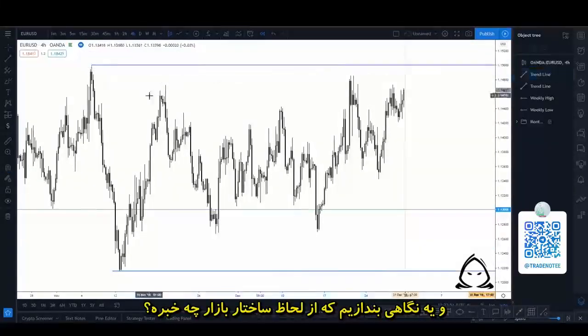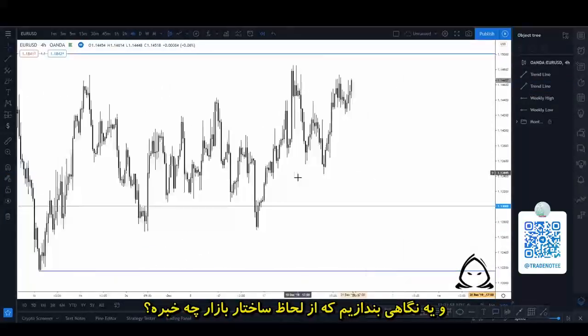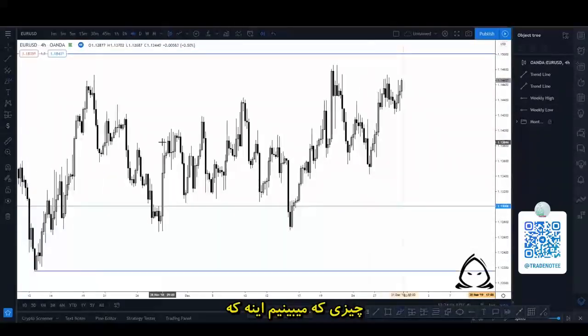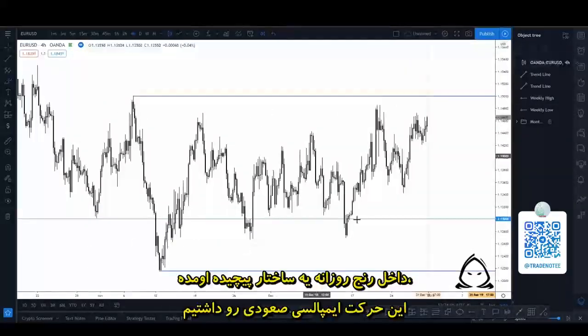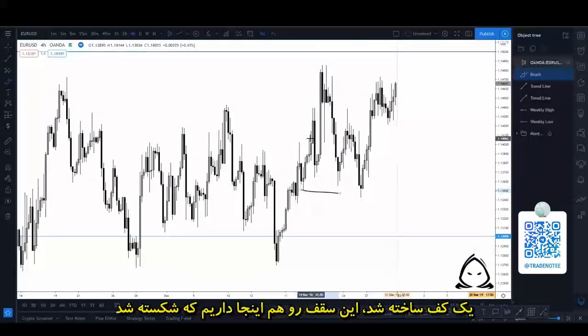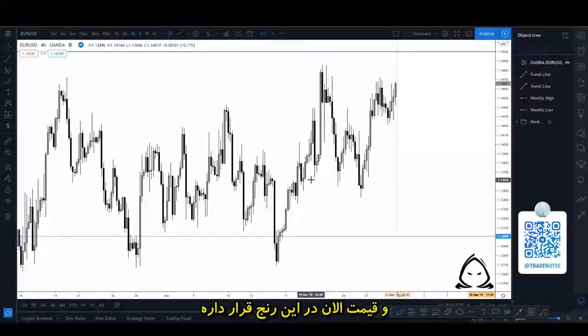And again, just simply take a look at what we have going on here in terms of market structure at the very beginning of our backtesting session. We have created a bit of complex structure within this daily chart, but we've created an impulsive move to the upside, we created a low, we broke this high here, and then we broke this high here, so we're trading in this overall range.